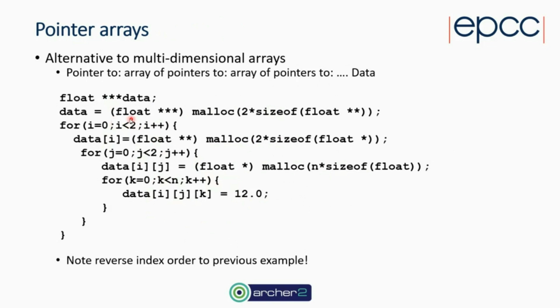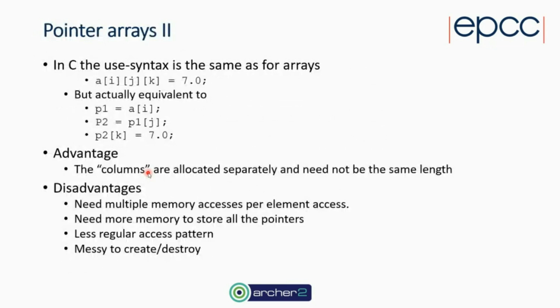So actually we've got a 2x2 set of arrays to hold our data, and then the innermost array is however big we want it. This is also how we can do multi-dimensional arrays in C. We have this array of pointers, and this can be as many as we want. I think Fortran is limited to 7-dimensional arrays, but in C we can chain these together and make as big arrays as we want.